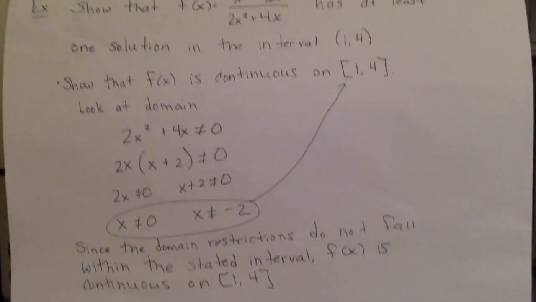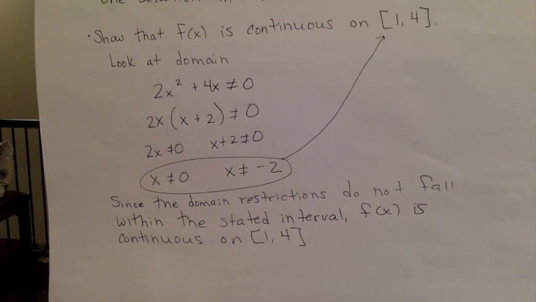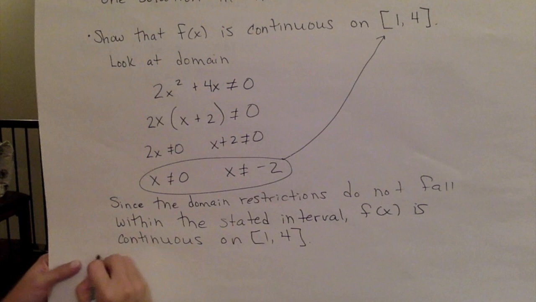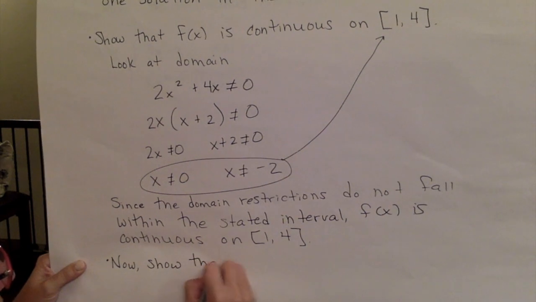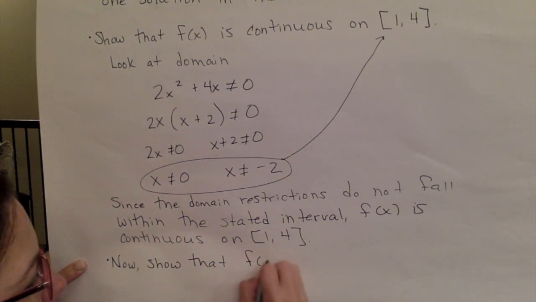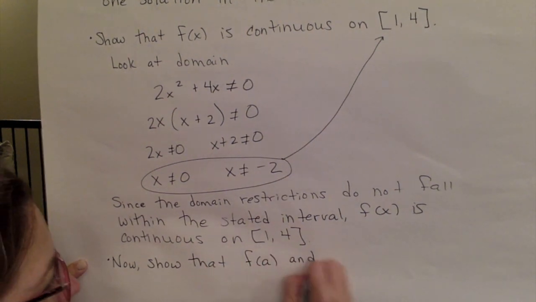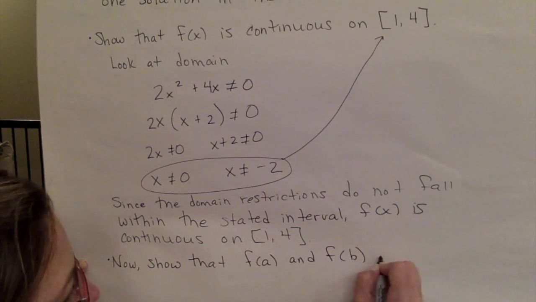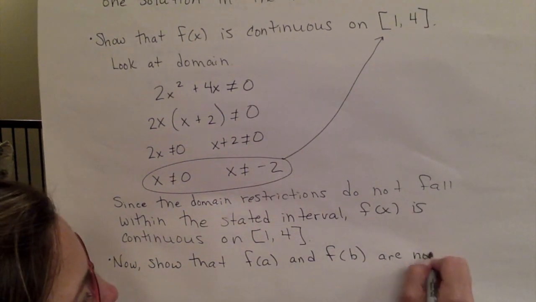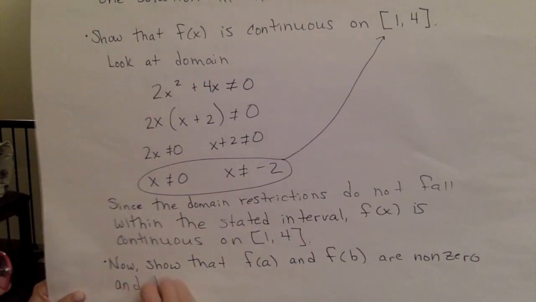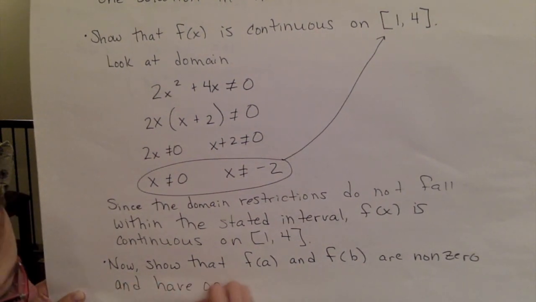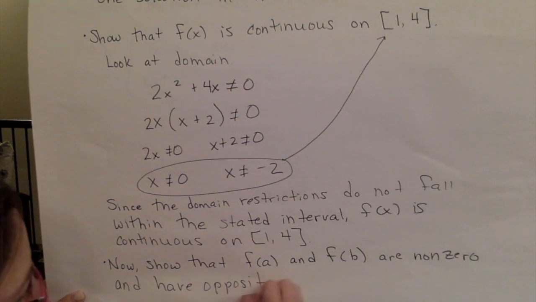Okay. Now we want to show that f of a and f of b are non-zero and have opposite signs.